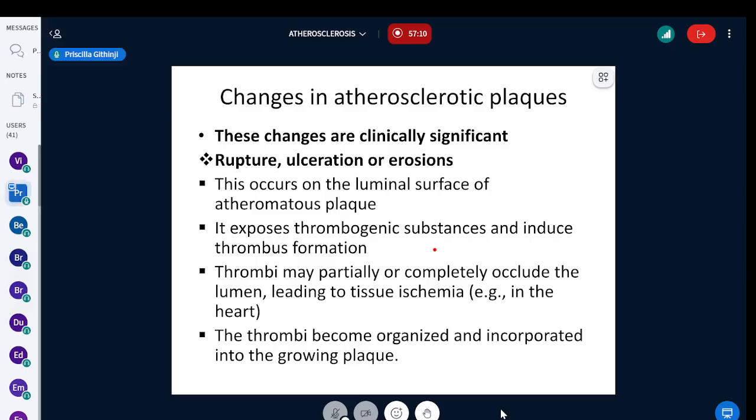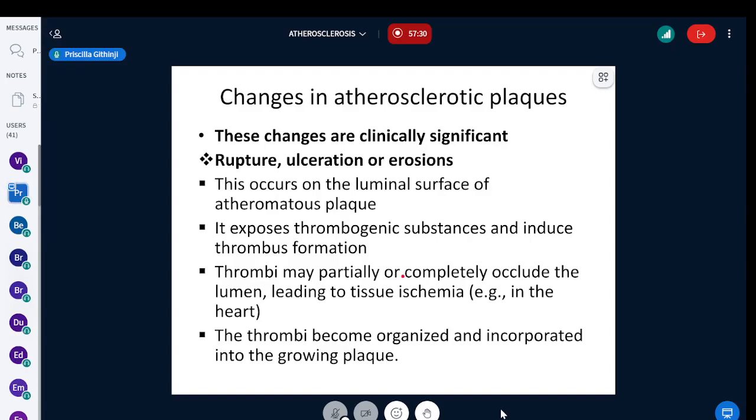We already went through clot formation in general pathology. So you have exposure of your thrombogenic agents, and then they lead to thrombus formation. You have platelet aggregation, you have activation of the coagulation pathway, and then you end up having formation of a clot.